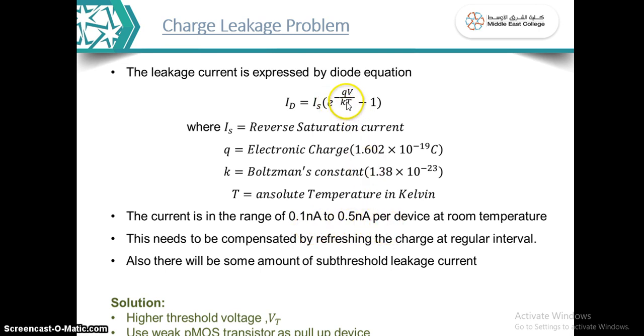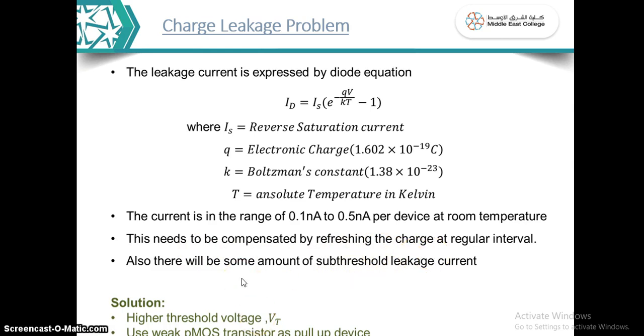But this equation depends on temperature. So as the temperature rises, this current will also increase. The current will double for every 10 degrees Celsius rise in temperature. So if the device is hot, the leakage current also will be high. We can compensate for this by refreshing the charge at regular intervals.